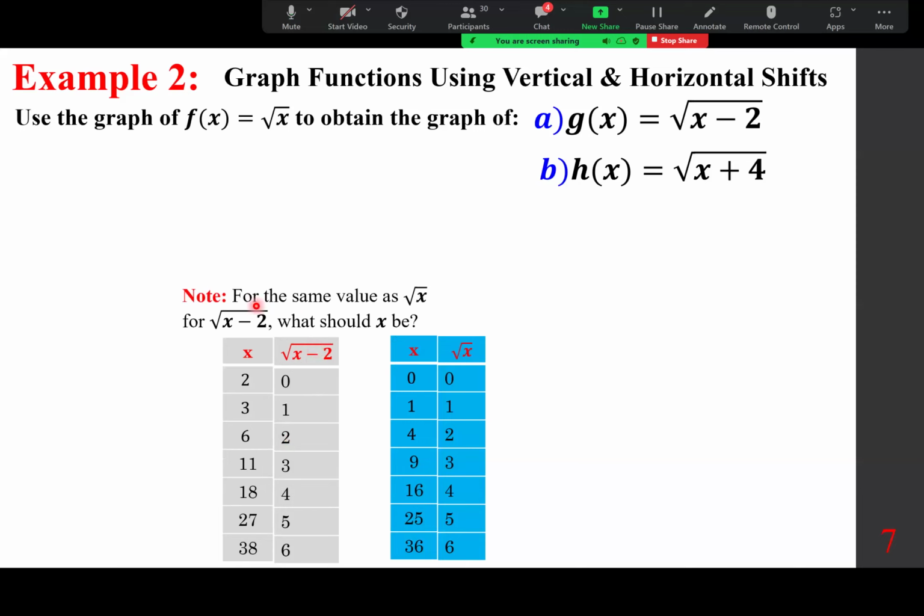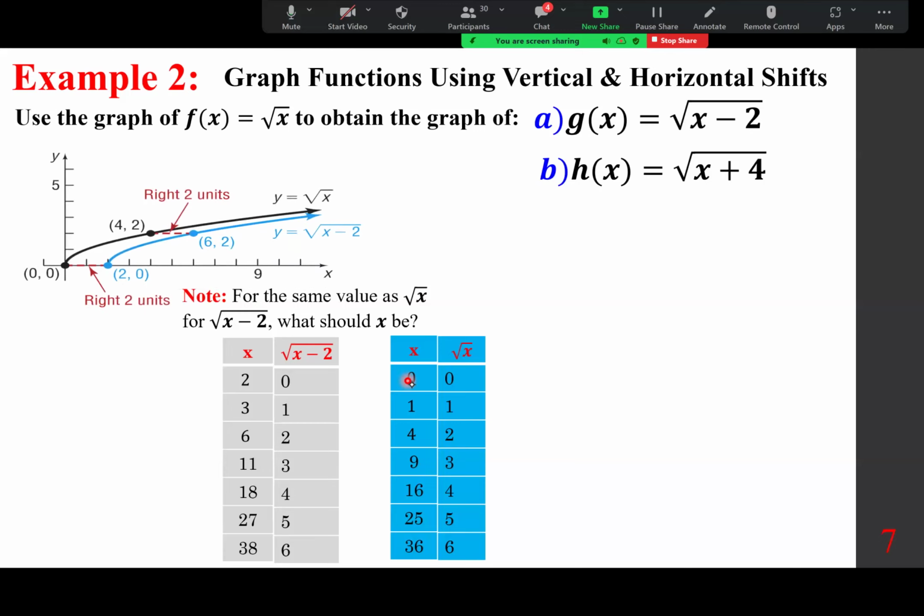So the question is, for the same value as square root of x, or square root of x minus 2, what should x be? We just use the same x coordinates, but this is negative 2, so we add 2. In other words, we shift it to the right.